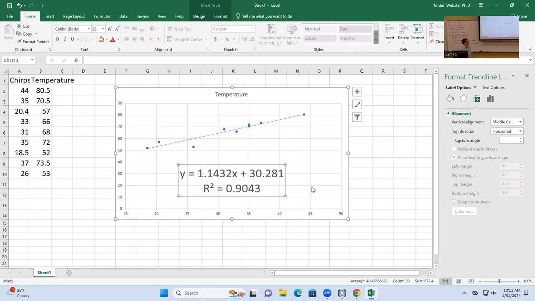Because remember, Pearson correlation coefficient only works with lines. If I would have checked one of the other types of regression, R squared is always available for those, but it's not the Pearson correlation coefficient anymore. It's not a line. So they just do that.